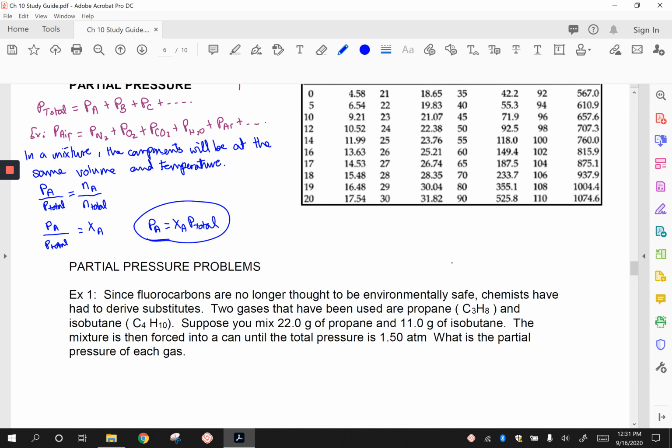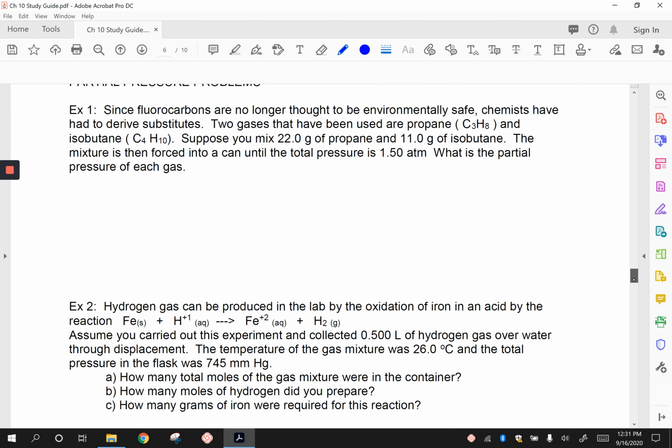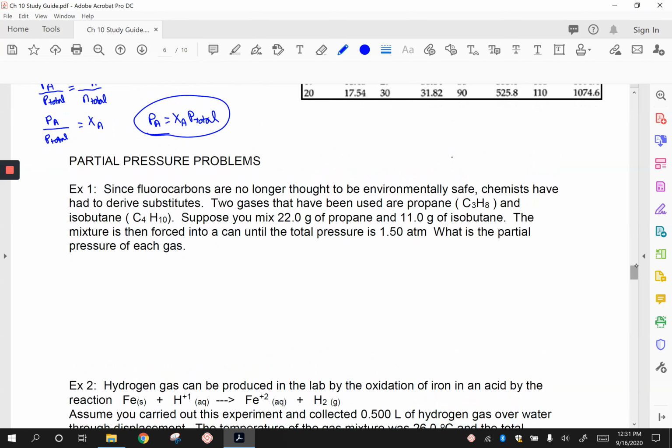We want to know what the partial pressure of each gas is. We have the total pressure, so we can use this. The partial pressure of the propane is equal to the mole fraction of propane times the total, and we can do the same thing for the butane.